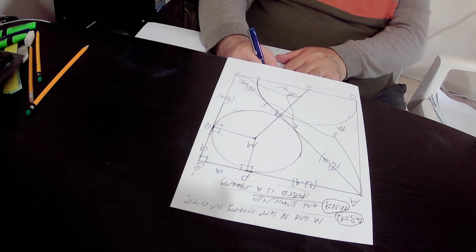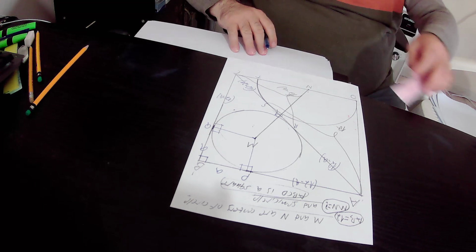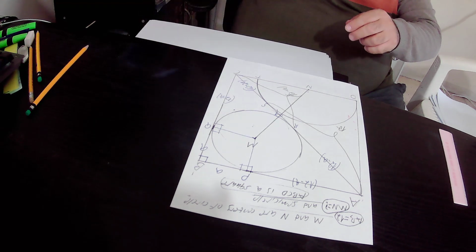In total, the sum of those four angles must be equal to 360 degrees, according to the rule that the sum of the angles in any quadrilateral is equal to 360 degrees.